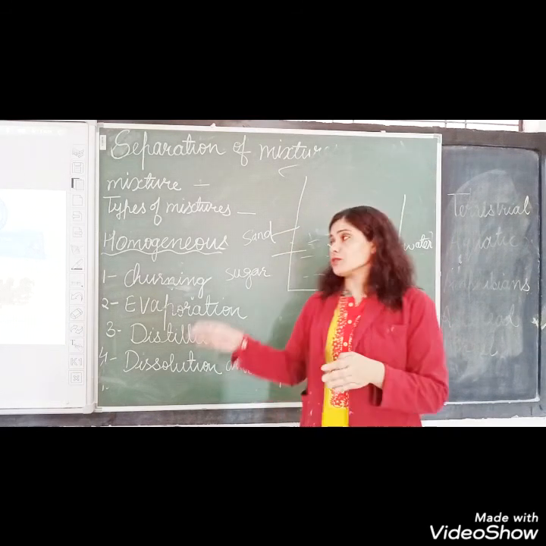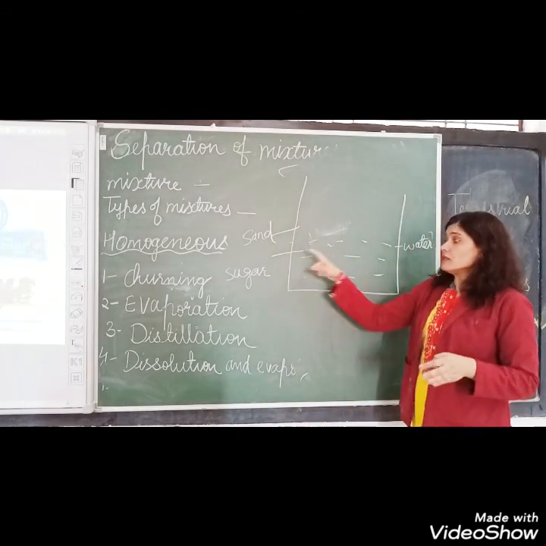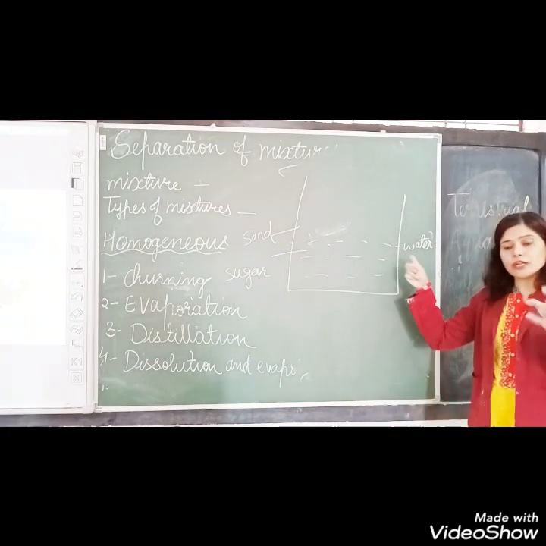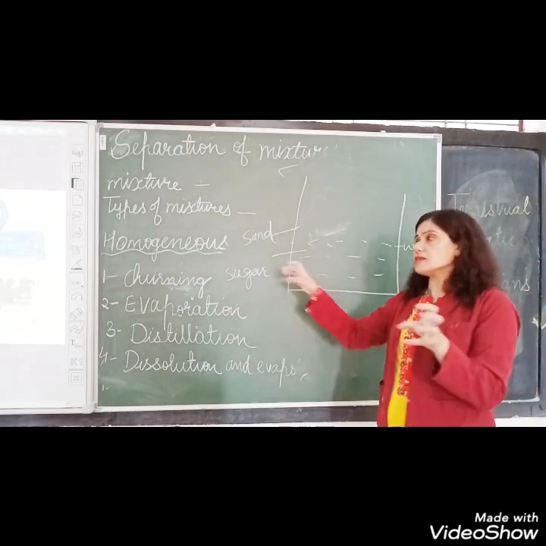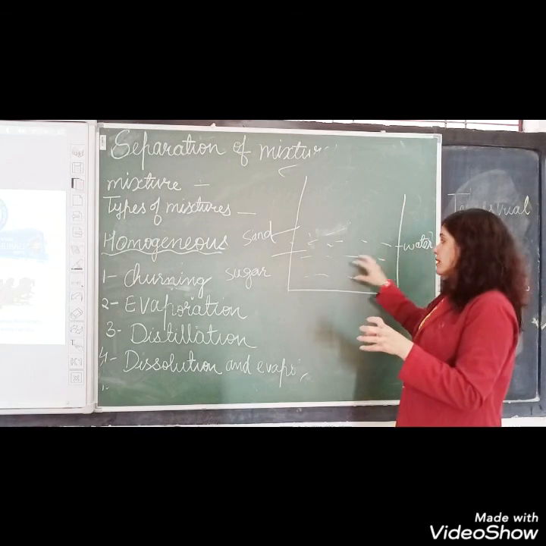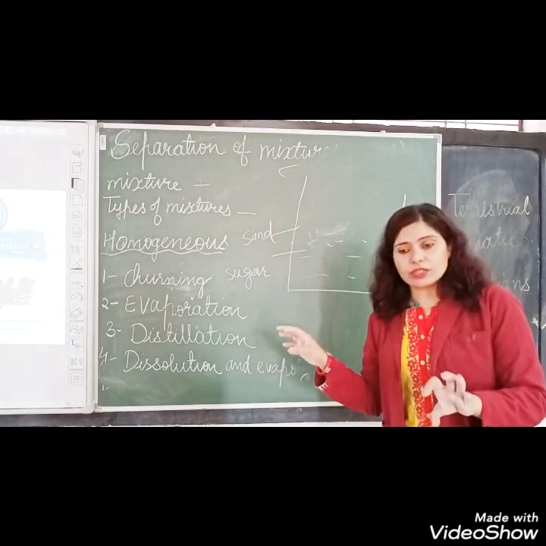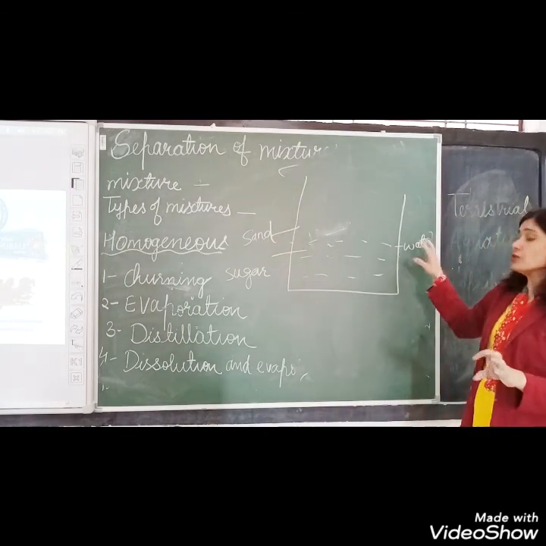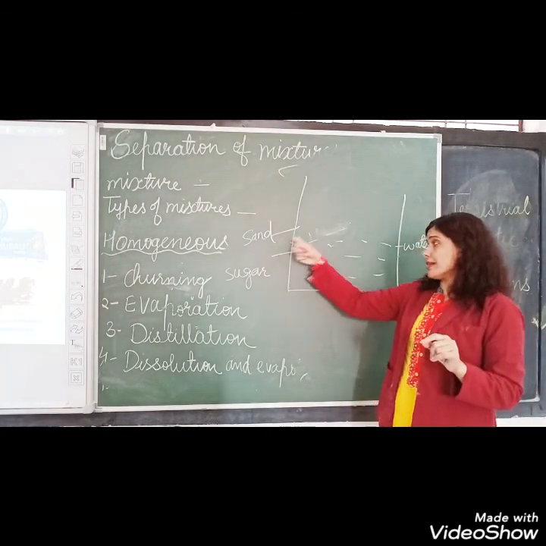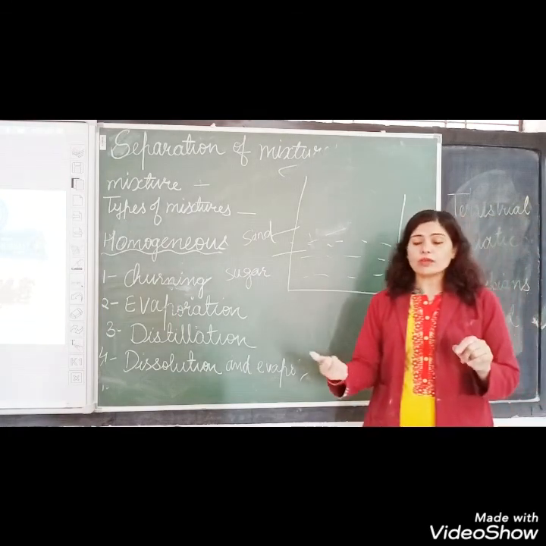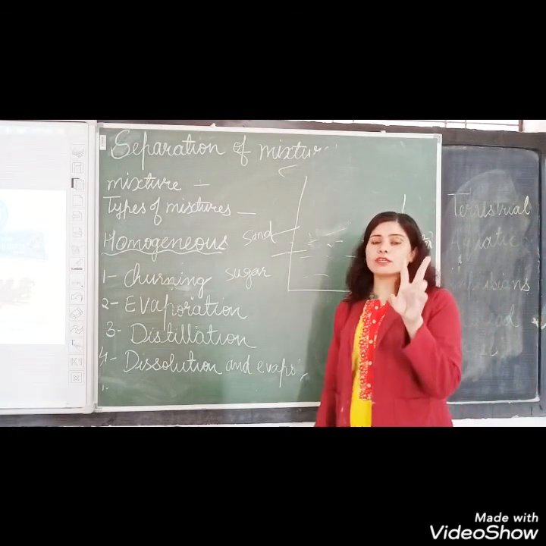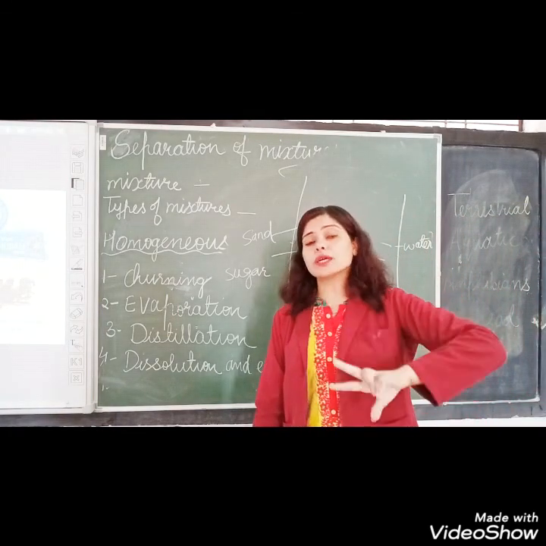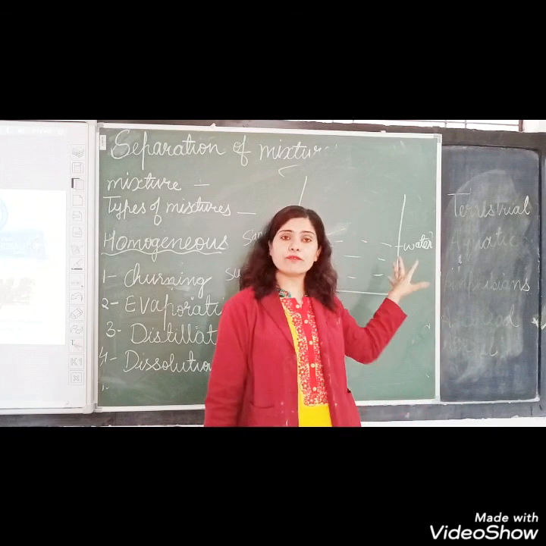When we dissolve it, sugar dissolves in the water, the molecules of sugar mix with the molecules of water. Now we have only two constituents, one is sand and the other is water, because sugar is already dissolved in water.